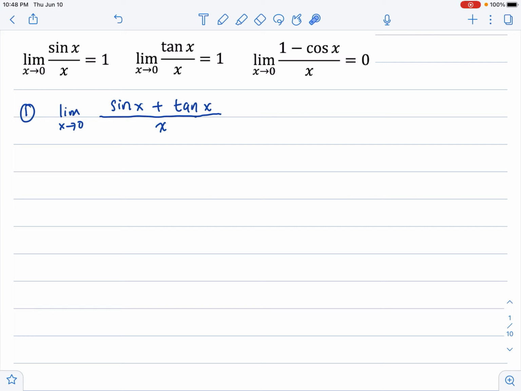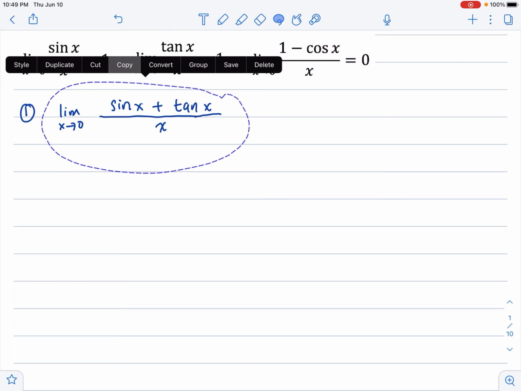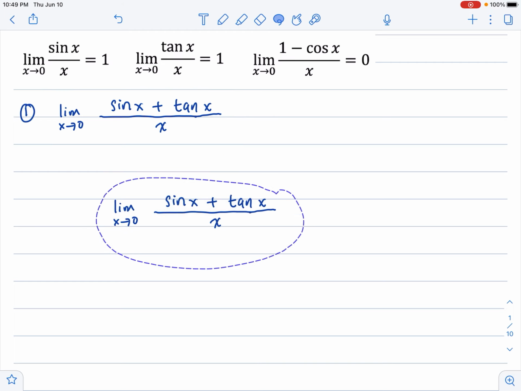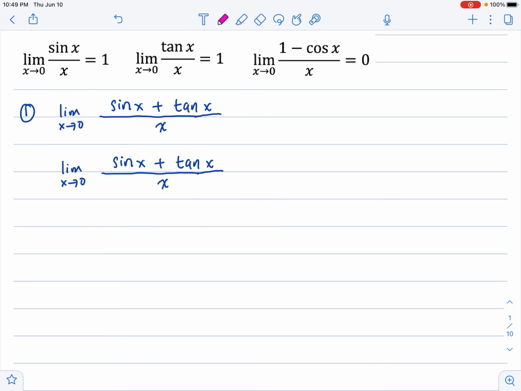So for number 1, the limit as x approaches 0 of sine x plus tangent x divided by x. So first, we copy this, no, para hindi na tayo magsulat ulit. And this is equal to the limit as x approaches 0 of sine x divided by x plus tangent x divided by x.